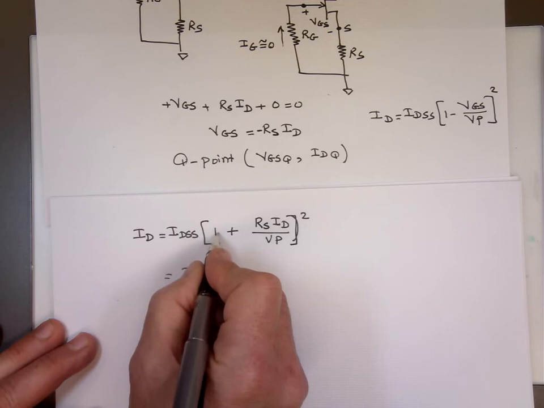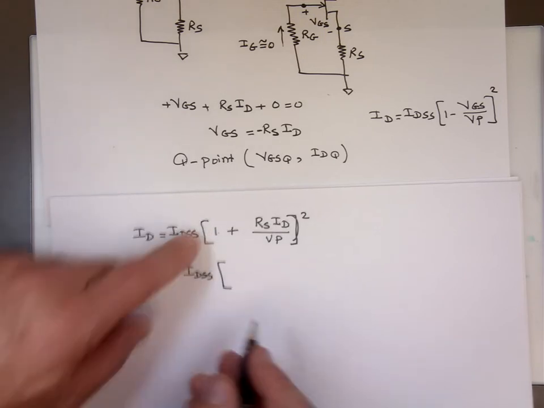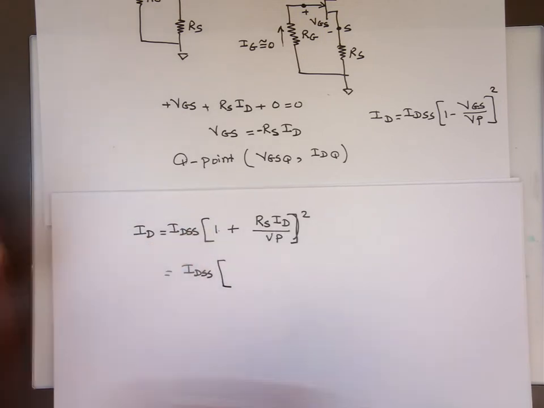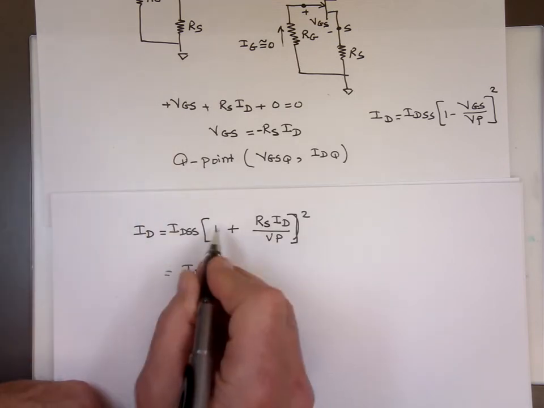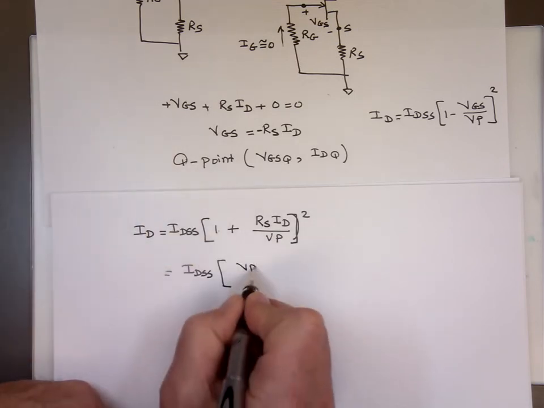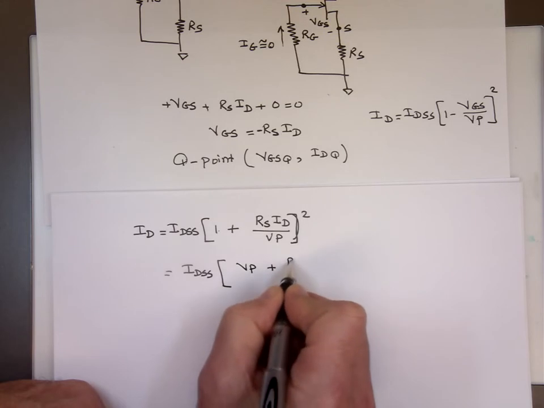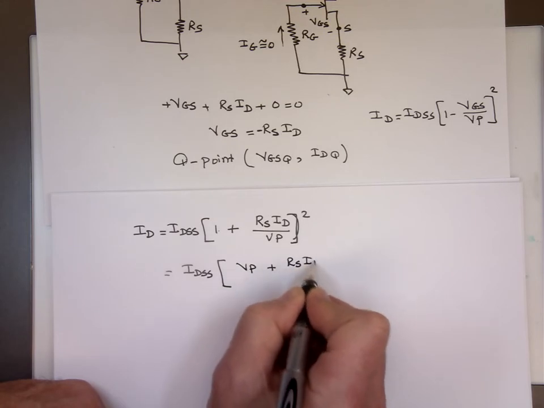And by the way, if you don't like the way that's looking, you can complete the square first. Find the LCD and write that VP plus R sub S, I sub D, because that might make the math a little bit easier.